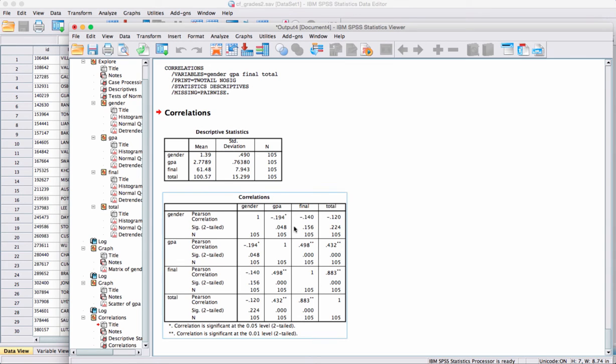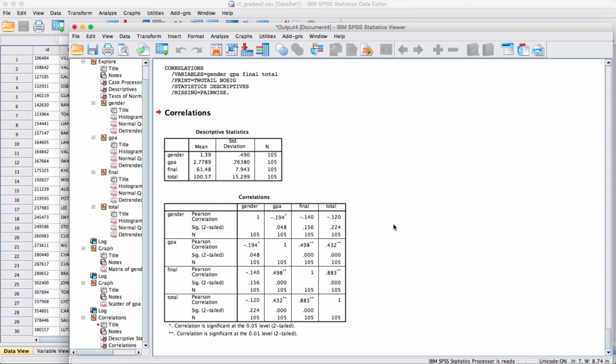Now, these relationships are very small, so you're going to want to look in the Warner textbook and interpret the correlation in terms of its magnitude. It's similar to an effect size.